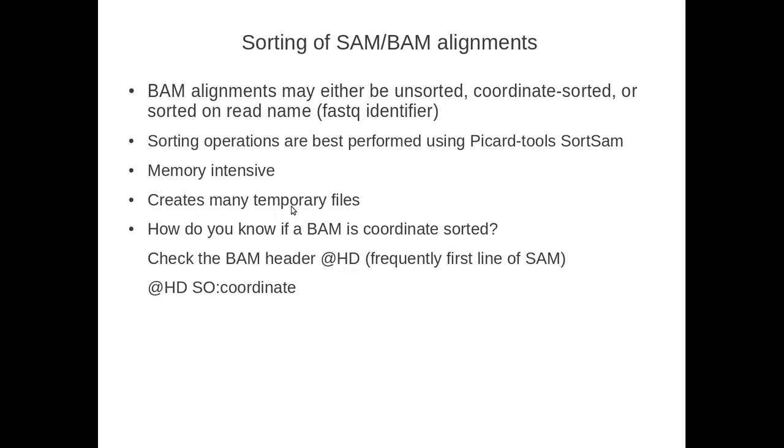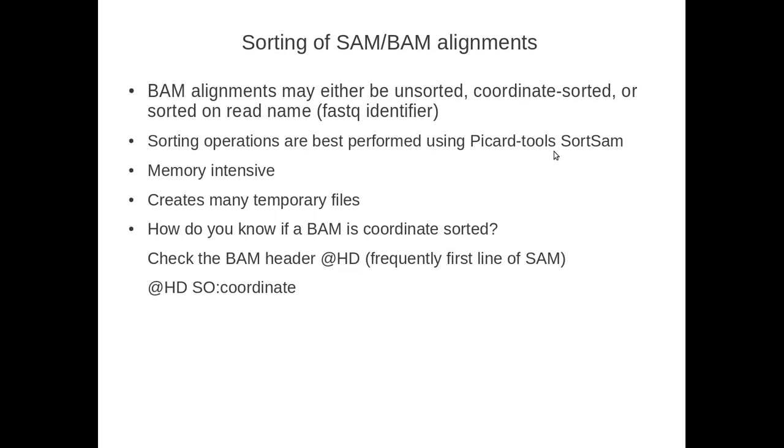When you're coordinate sorting a BAM, that is, you want to get it so that all of the reads appear in the order as they do on their mapped chromosomes, that is extremely memory intensive, and so there's so much memory required that it has to dump the data to temporary files, and sometimes this is a difficult step to get to work.